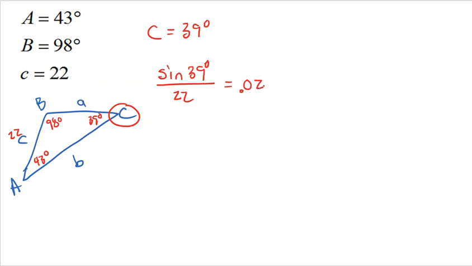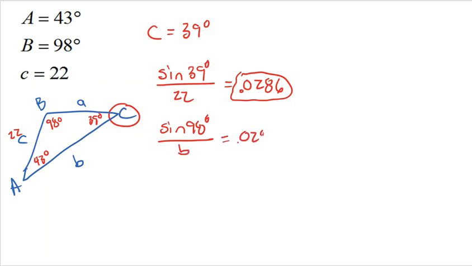And in this triangle, that magic ratio is the same for all angles and all sides. So sine of 98 degrees, that's angle B, divided by little b is also 0.0286. Sine of 43 degrees, which is angle A, divided by little a, is also 0.0286. Again, this is the magic of the law of sines. So now I just got to solve.